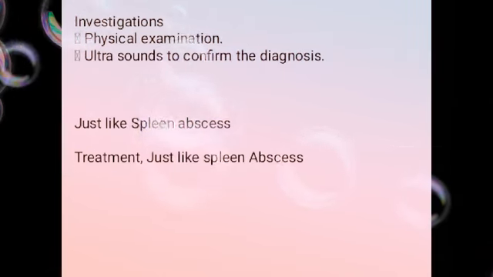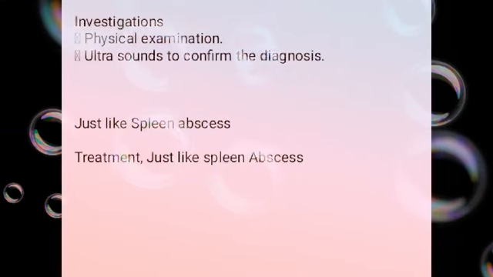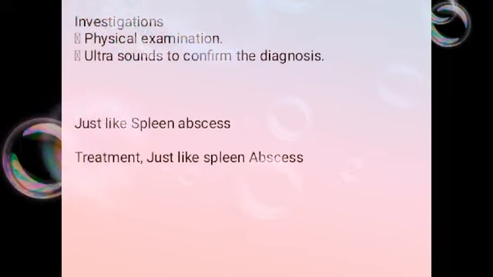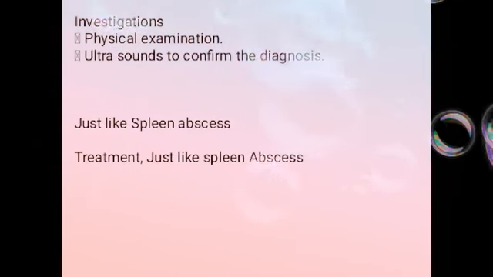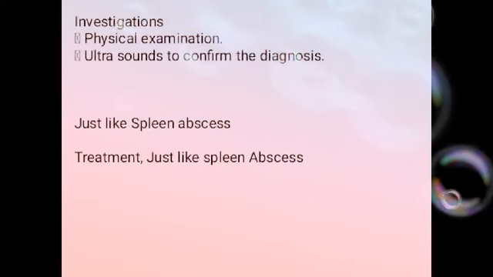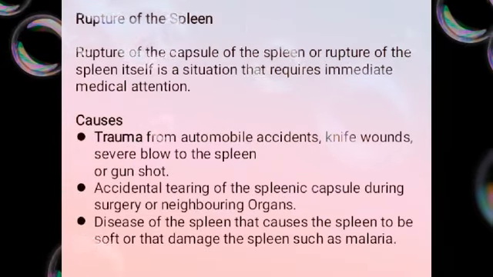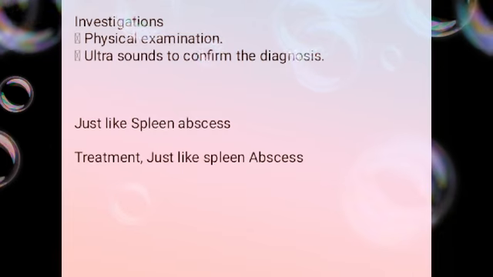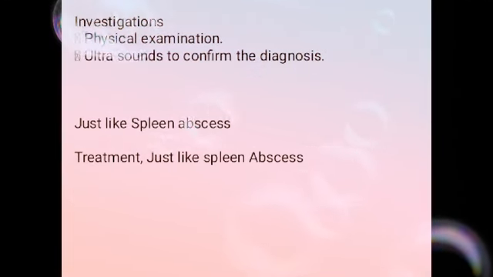Then also the treatment will be just like we have said in the abscess of the spleen, because sometimes in a severe case of splenomegaly, a splenectomy is going to be called for. So most of the treatment is just the same as that of the abscess of the spleen. So this also has been an example of one of the disorders of the spleen.